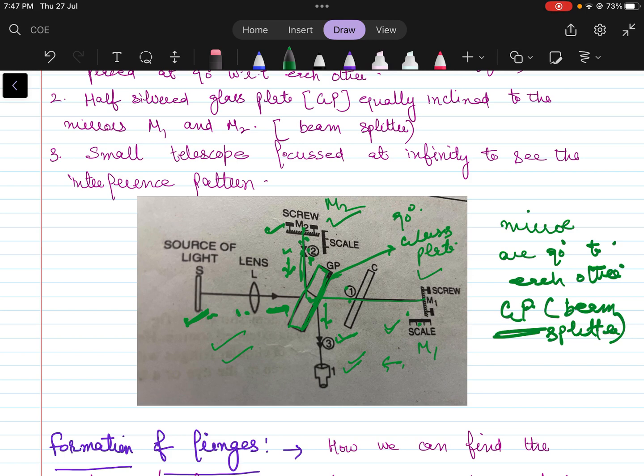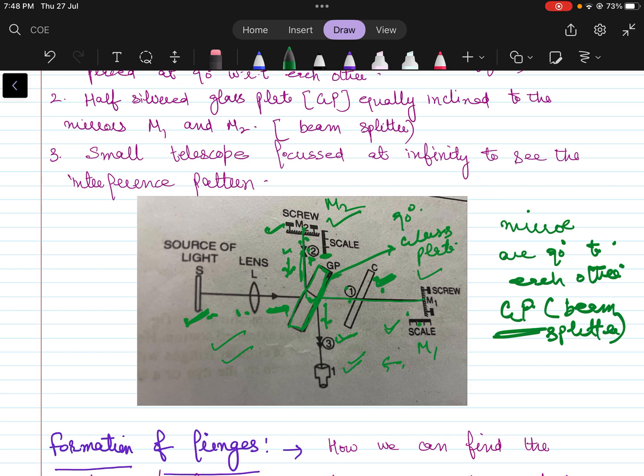The reflected beam 2 passes through GP thrice, but beam 1 passes through it only once. To compensate for it, the plate C is placed parallel to GP in the path of beam 1.